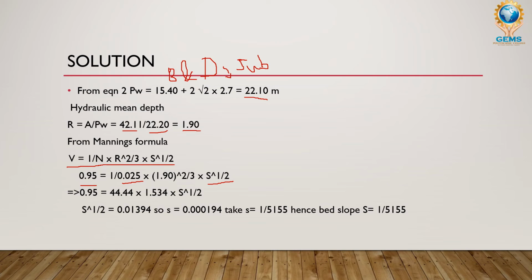By dividing all these values and multiplying, you will get the S value. So S value is 0.00194. In order to convert this decimal value into a slope like value, that is into a fraction, you convert like this: 1 by 5155, which is our S value.